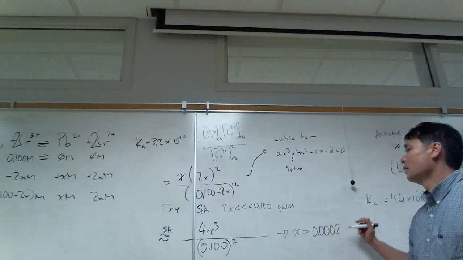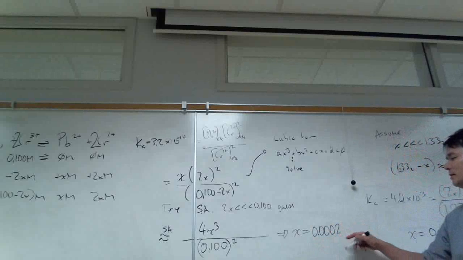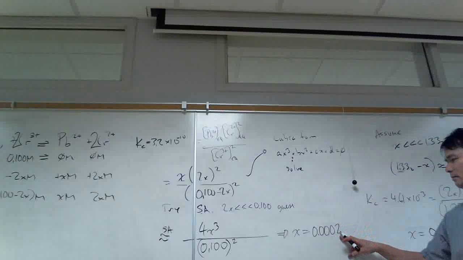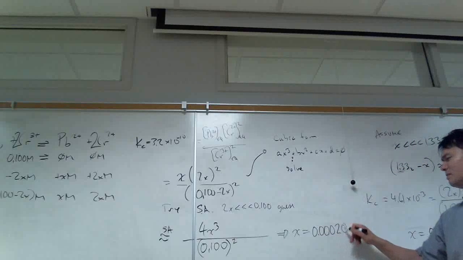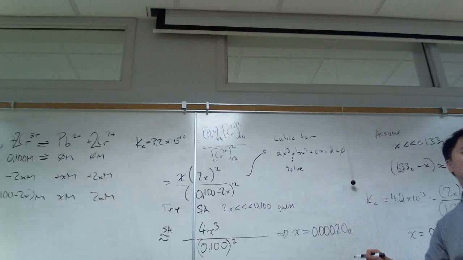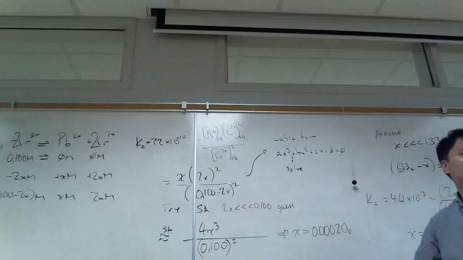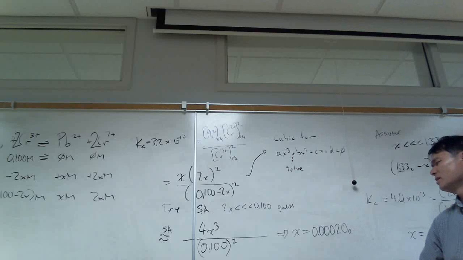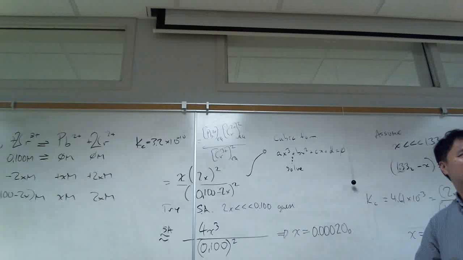0.0002. Okay, we're allowed 2 sig figs, so give me some more digits. That's all that shows up. We got 0.000928.